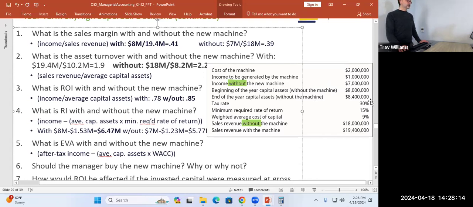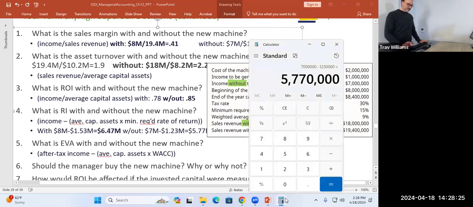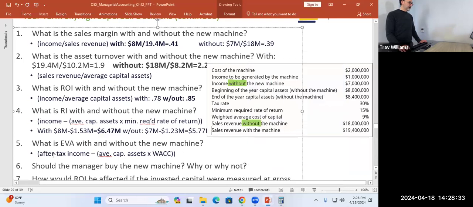So another way to look at it would be our income times 70%. That's how much we get after taxes. So 8 million times 0.7, so 5.6 million. That is the after-tax income with the machine.